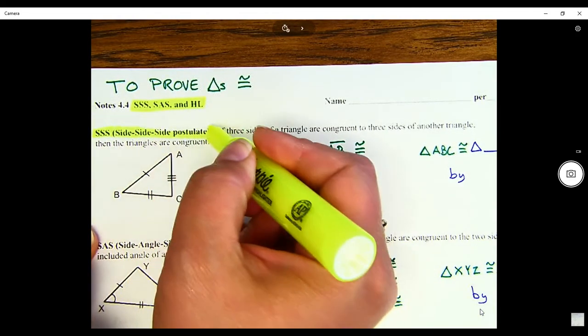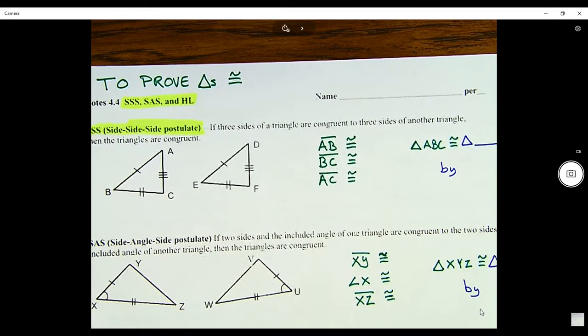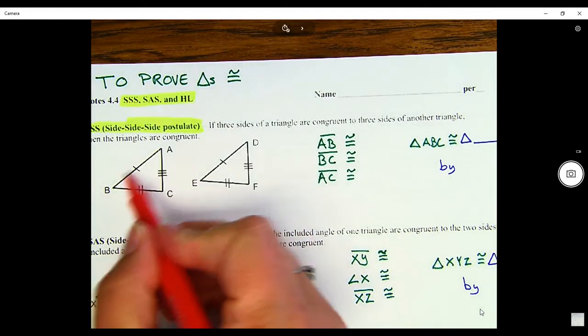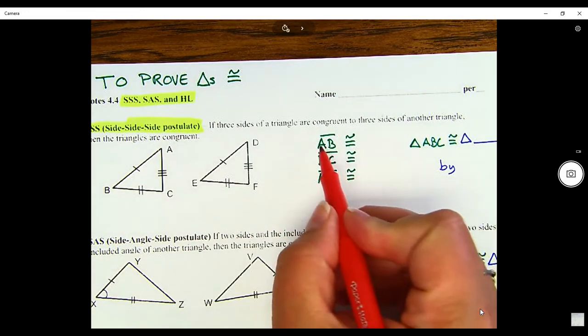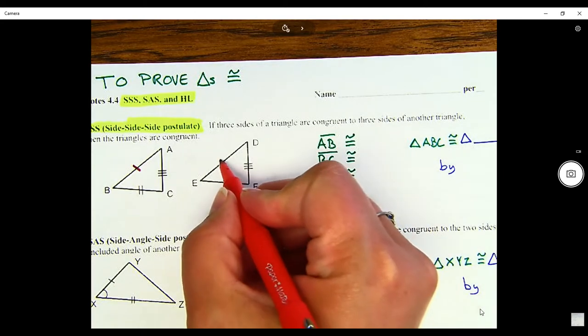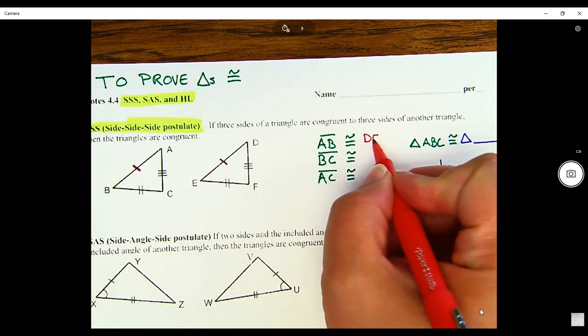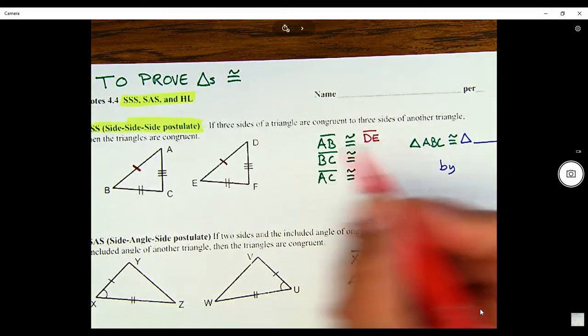We're going to start out by doing two things. We're going to make a list of the sides that are congruent, and we're also going to mark on only one of the triangles the pieces that we have, so that it's easy to see how we have side, side, side. Let's start out on triangle ABC. Side AB on the first triangle is congruent to side DE on the second triangle.